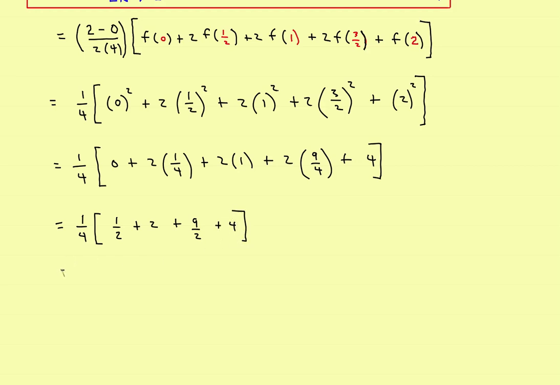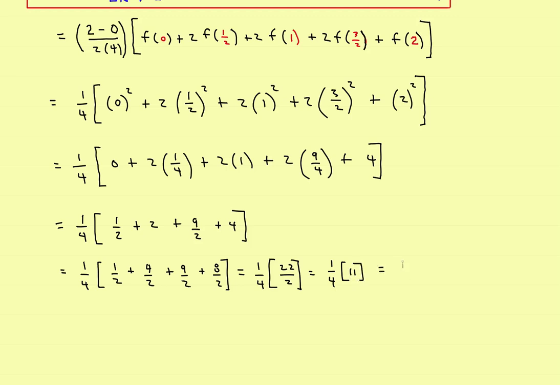Now I'll go ahead and put the whole thing over halves, so this is going to be 1/4 of 1/2 plus 4/2 plus 9/2 plus 8/2. So what that would be equal to would be 1/4 of, and if you add all these together, 10, 8, and 4 would be 22/2, which would be 1/4 of 11.